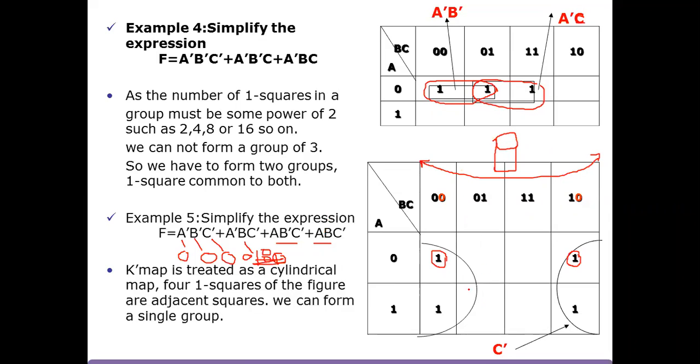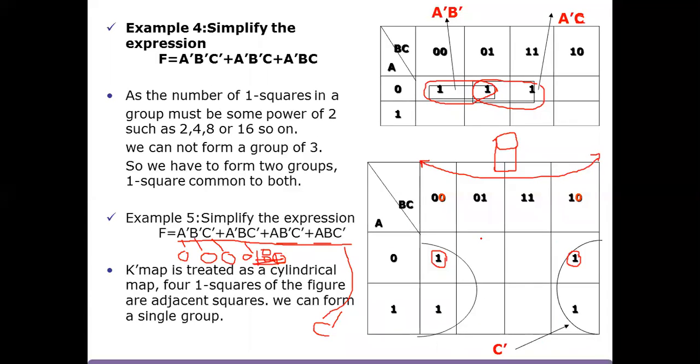Since these 4 are in a single group, we can see which values do not change. The A value is changing. If you look at the B value, it is 0 and 1. It changes. For C, we have 0 and 0. So C has a value 0 which does not change. So we write C dash as the simplified form. So the simplified form of this very big equation is now C dash.